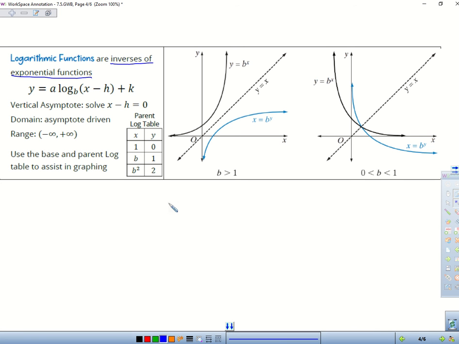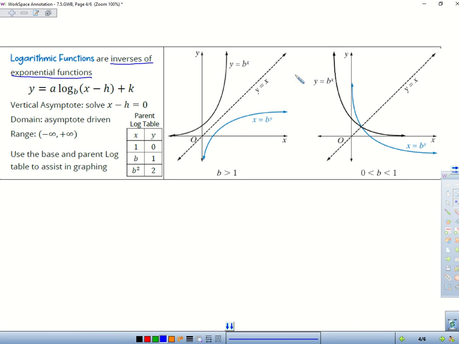So for every logarithmic function, there is an inverse exponential one. So we learned that the asymptote for an exponential function is horizontal. So what do you think the asymptote of a logarithmic function is? Any guesses? Opposite of horizontal is? Vertical. Yes, good. Everything about these is backwards.